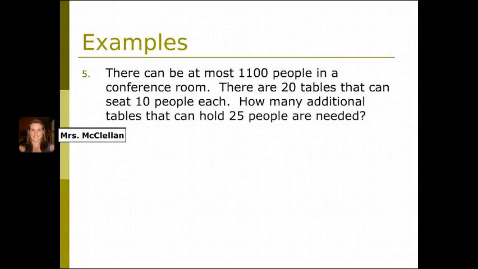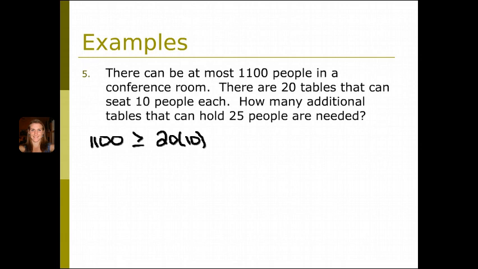All right, so on our last example, we have there can be at most 1,100 people in a conference room. There are 20 tables that can seat 10 people each. How many additional tables that can hold 25 people are needed? So our maximum occupancy for the conference is 1,100 people. Then we have 20 tables sitting 10 people at each table.